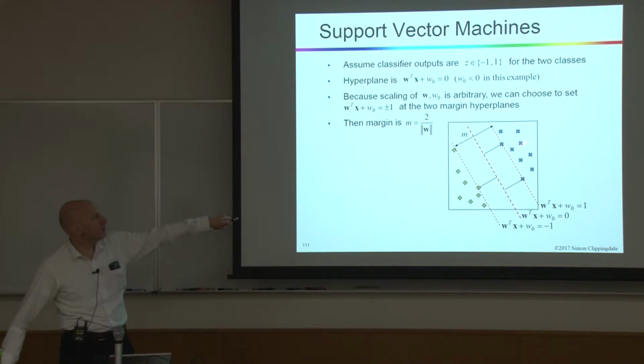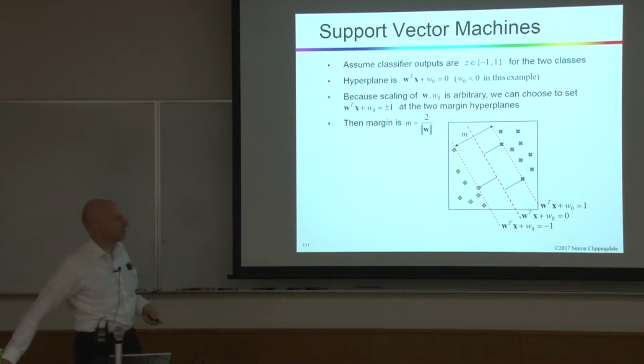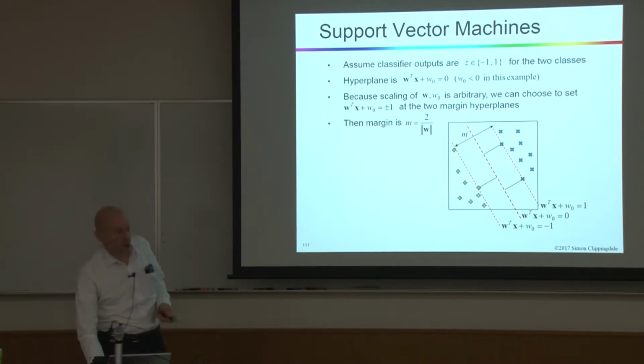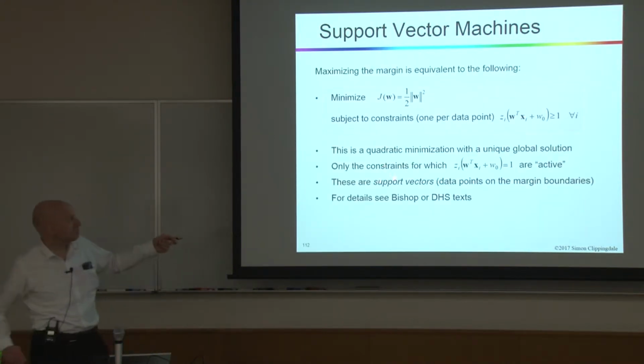It doesn't matter if you move that point around, so long as it stays on that side of the margin hyperplane, it has no effect on the solution. If you move this point around this side, it has no effect. So the solution is determined only by these points on the margin hyperplanes. And those are called support vectors. That's where the thing gets its name from.